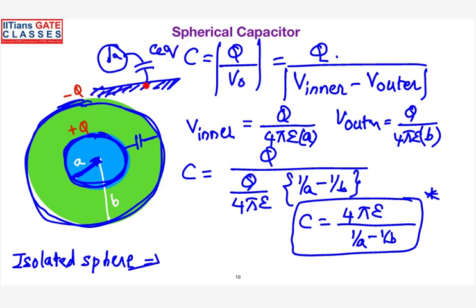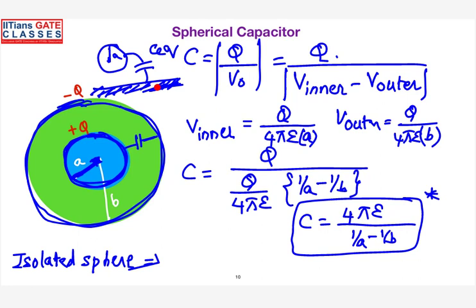I can take Earth as also a very big conductor whose radius tends to infinity. Is my assumption correct? I can assume that the Earth is a huge conductor with a radius of infinity. Yes, sir.